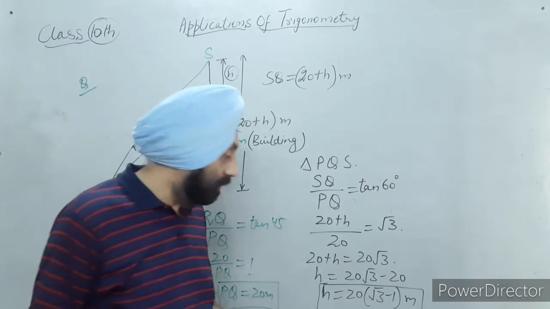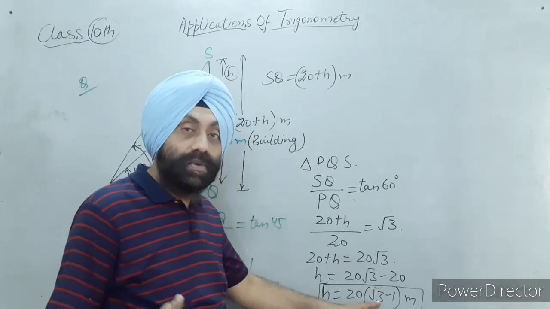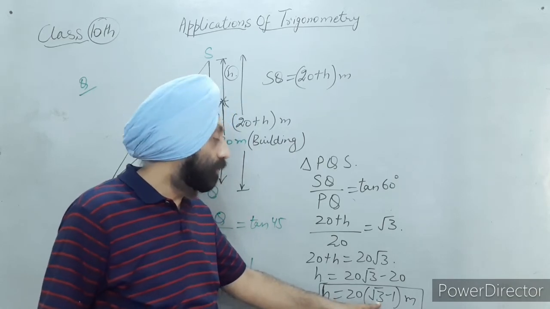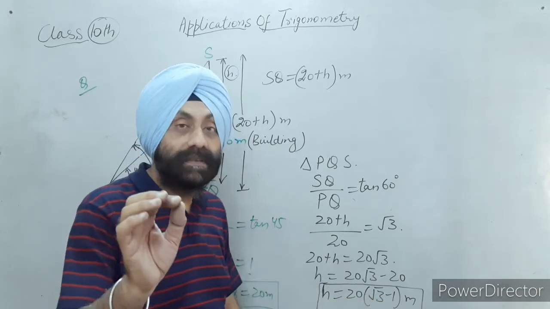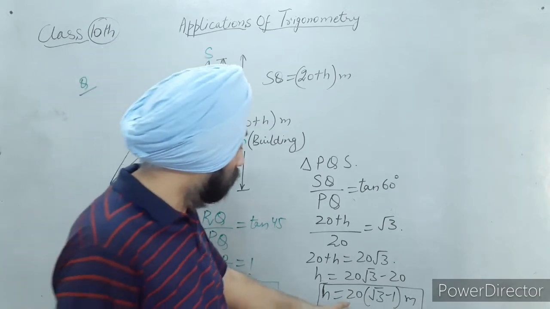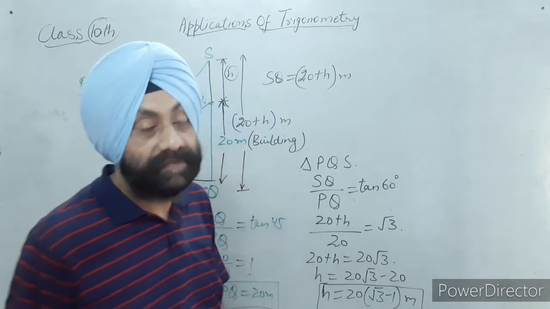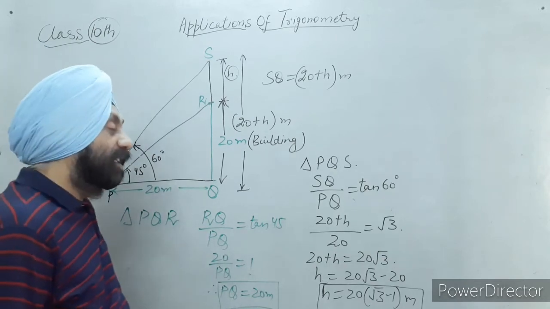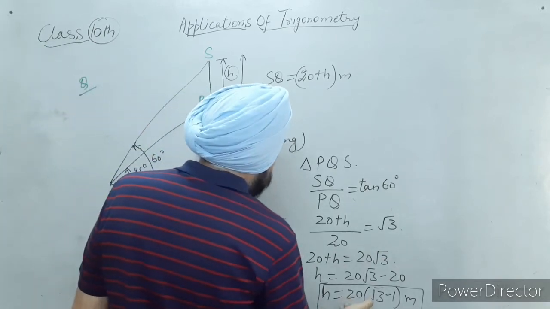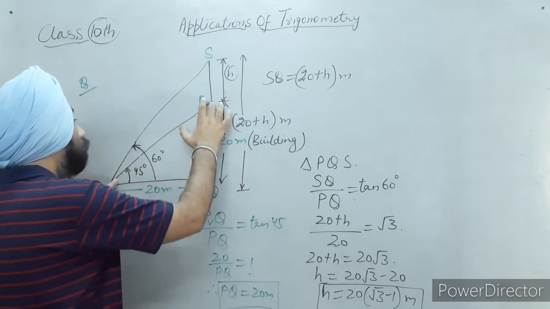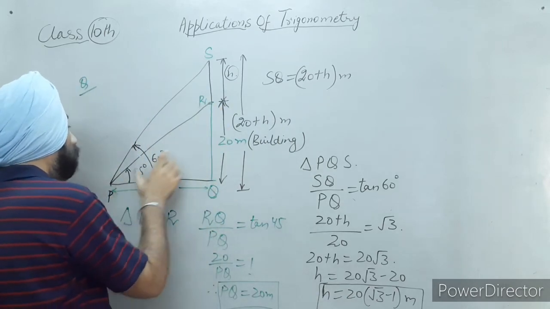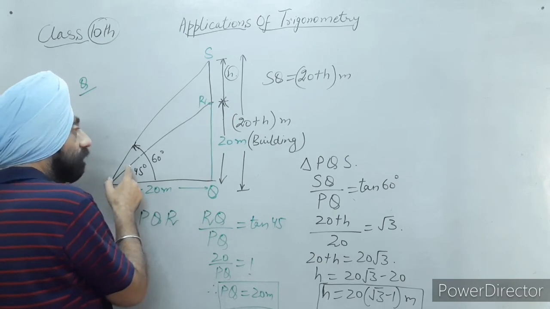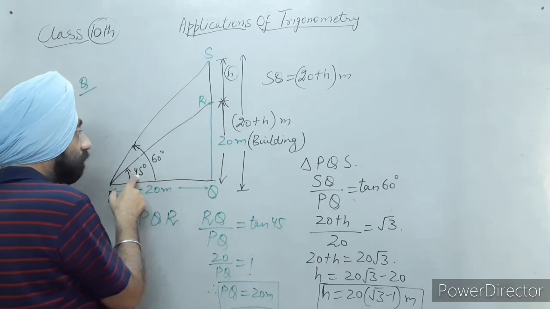If you want to solve it further, then put the value of root 3 as 1.732 minus 1, that becomes 0.732 multiplied by 20. You can solve it and find the answer. Write the answer in decimal form, but no need to do it. It's simply: take two triangles. Use the concept of perpendicular upon base, tan of the angle, that is 45.